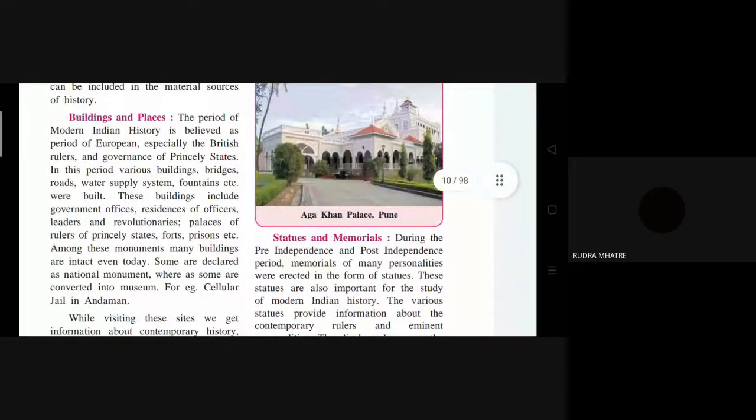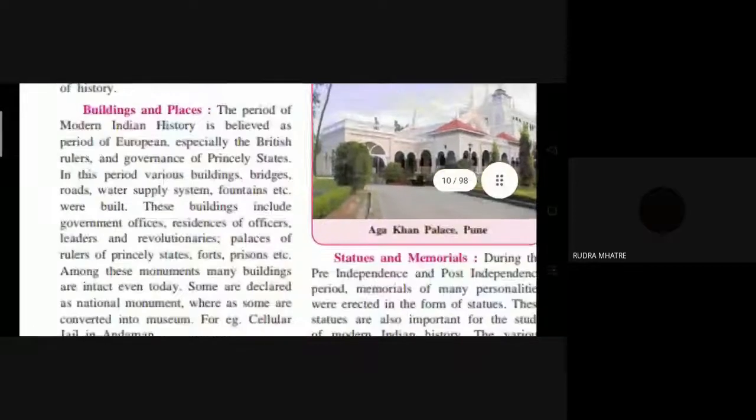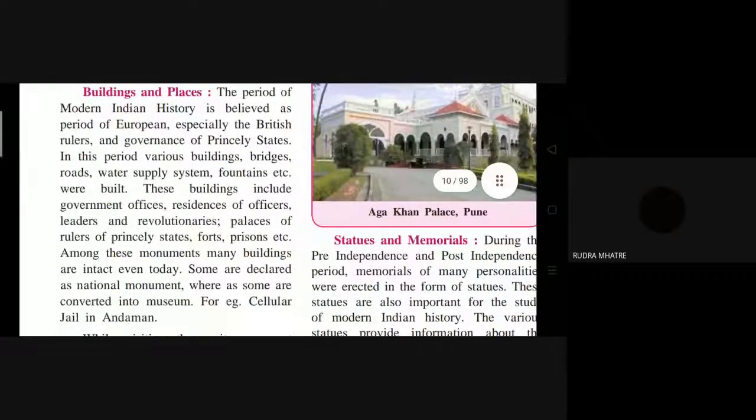Buildings and places. The period of modern Indian history is believed as the period of European, especially the British rule and governance of princely states. In this period, various buildings, bridges, roads, water supply systems, fountains, etc. were built.